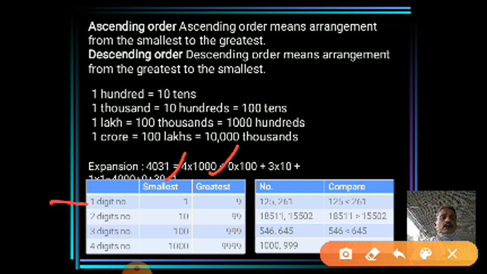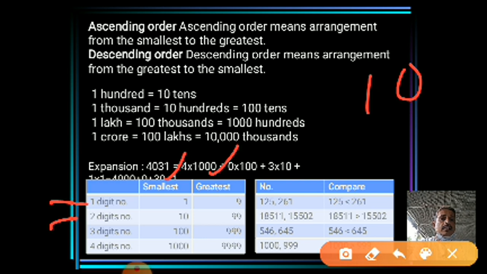The smallest one digit number is 1 and the greatest one digit number is, yes, 9. After 9 what will come? 10. But 10 has 2 digits. Understood? So 10 becomes the smallest 2 digit number. What about the greatest 2 digit number? Yes, 99.